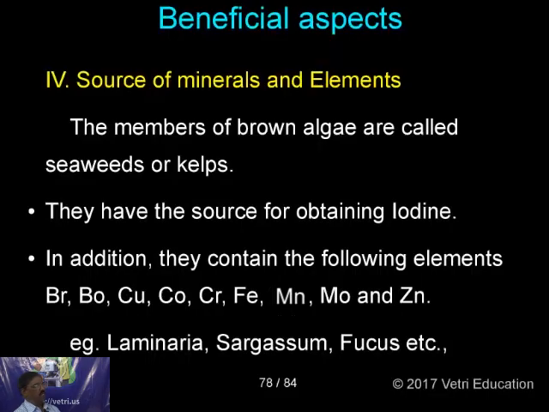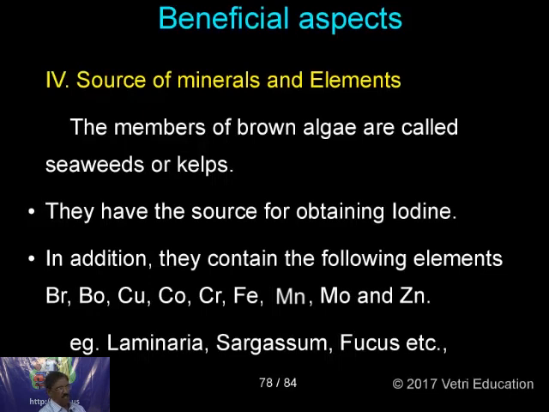Another economic importance regarding this is as a source of minerals and elements. The members of brown algae are generally called the seaweeds or kelps. Remember, these are two technical terms, seaweed and kelp. These are generally the members of brown algae.